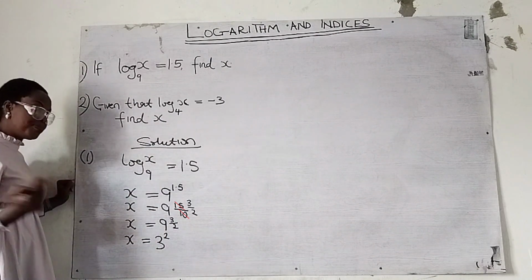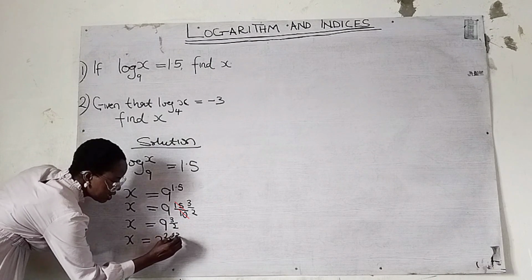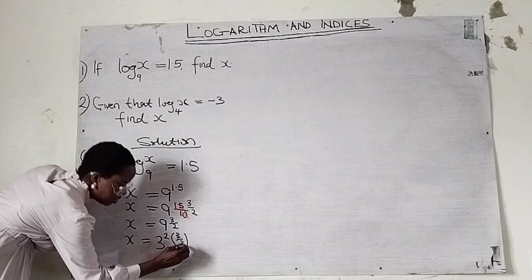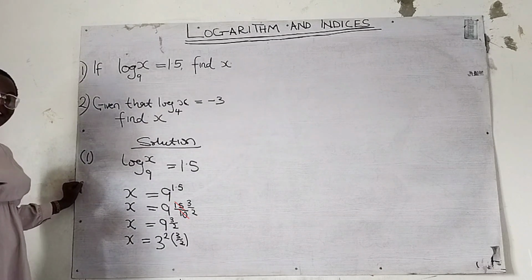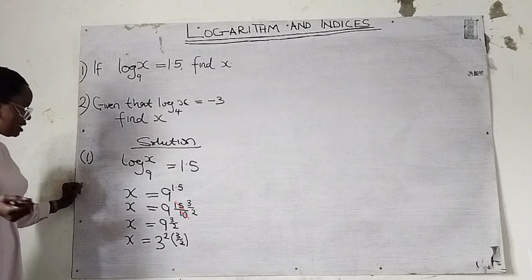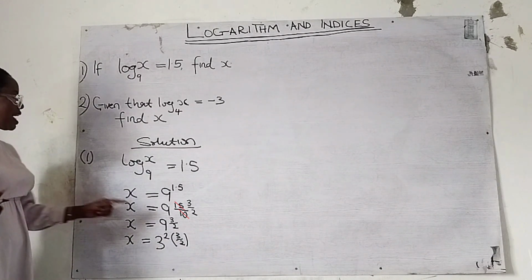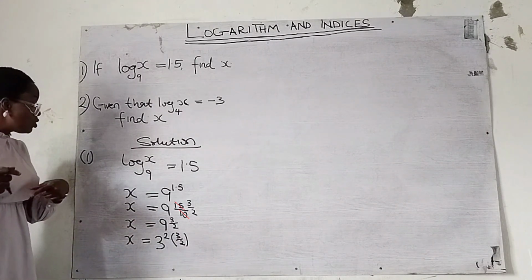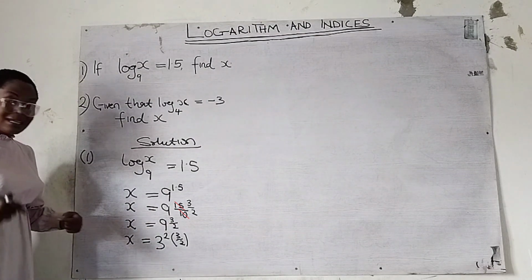I'll put this 9 in bracket because of this 2 here, then 3 over 2, close the brackets, and I continue. What do I do next? I'm almost at the end. The main reason why I put this 9 in index form is for me to be able to cancel out. Yes, and having done that, I'll cancel out now.